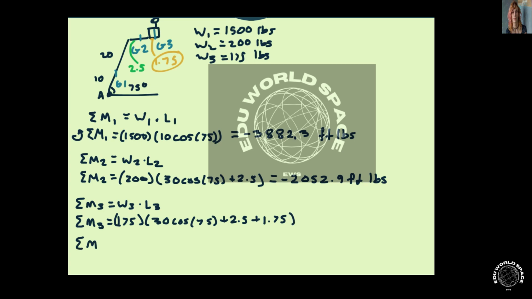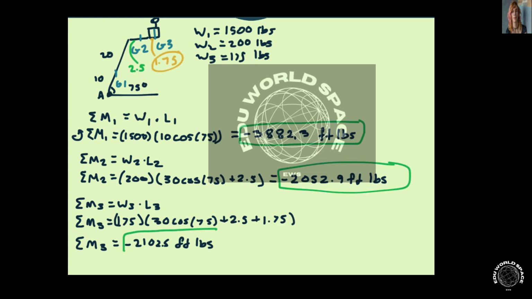So we do that, and we can determine that M3 is equal to negative 2,102 foot-pounds. And these are all of our answers. We should indicate that these are all in the counterclockwise direction.